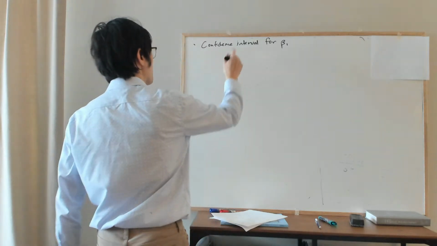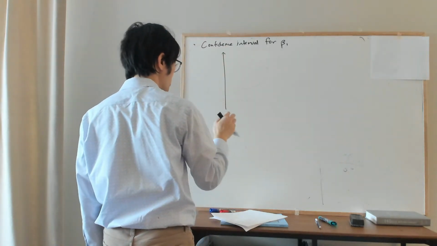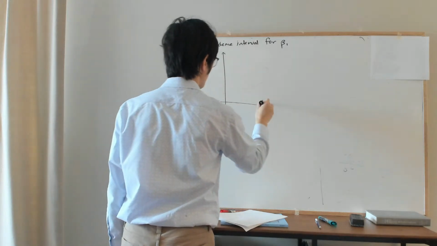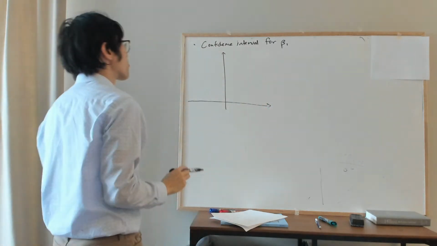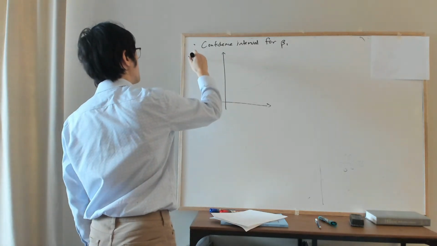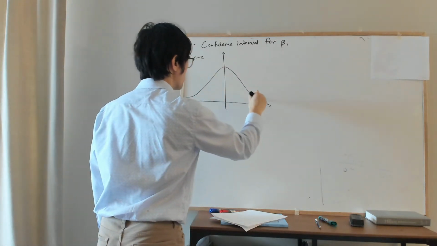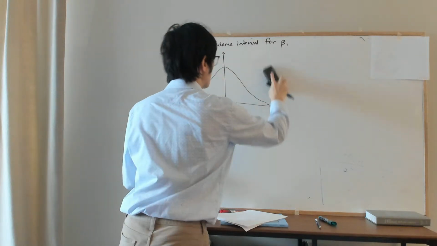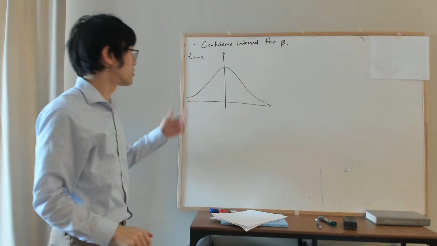Okay, so to motivate this, let's draw a picture of the t distribution. Let's draw a t n minus 2 distribution. In terms of shape, it's much like the normal, except as you may have heard, the tails are fatter.